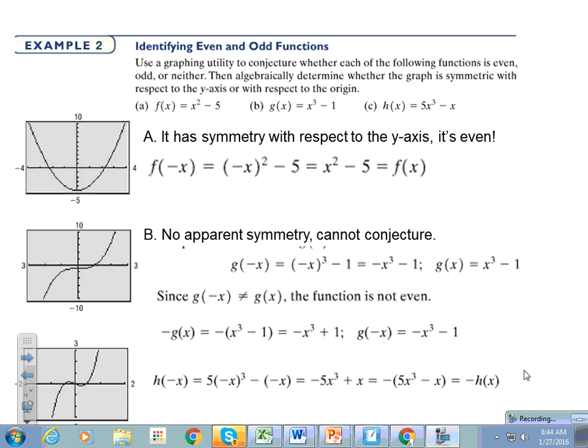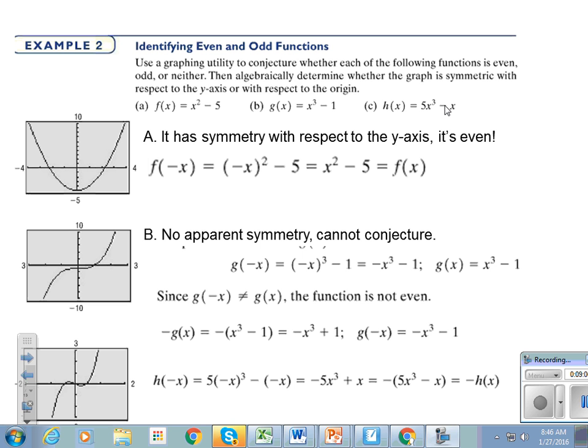All right, so let's take a look at h of negative x, and we'll compare it to its original equation. When we put in that negative x and cube it, we get negative x cubed. We're going to put that negative in front of the 5. So we get negative 5x cubed minus a negative is plus. We can see that this is the opposite of our h of x that we started out with.